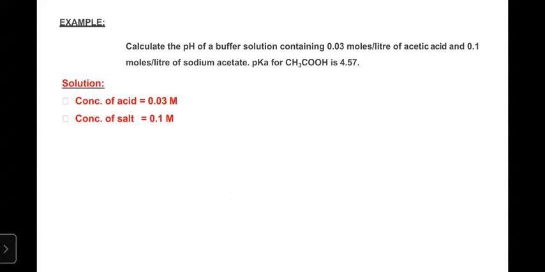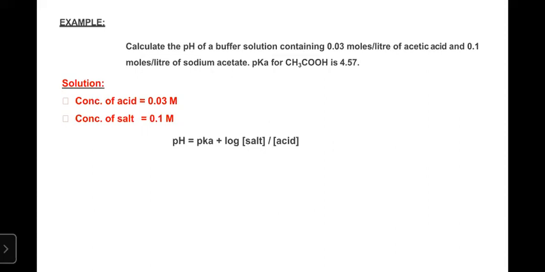Look at this. The concentration of acid given is 0.03 mole, and the concentration of salt is 0.1 mole. The pK value is already given, that is 4.57.